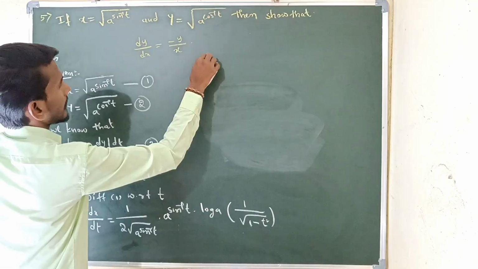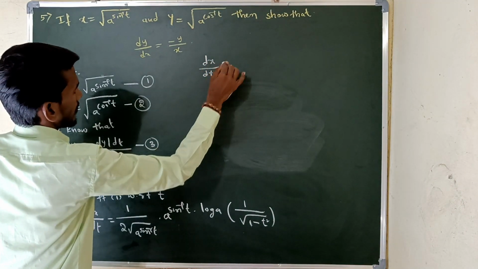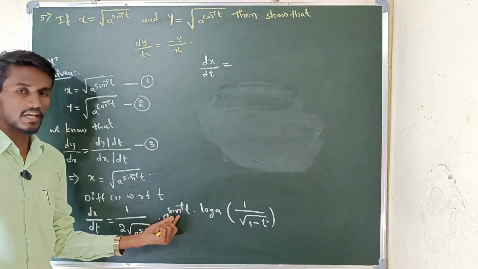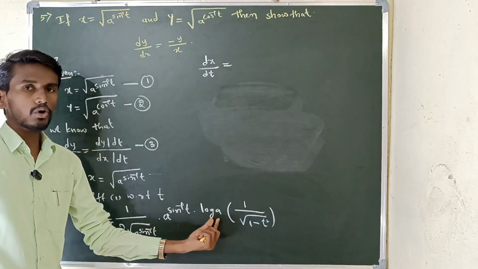You have to observe here: dx divided by dt is equal to 1 into a to the power sin inverse t into log a.